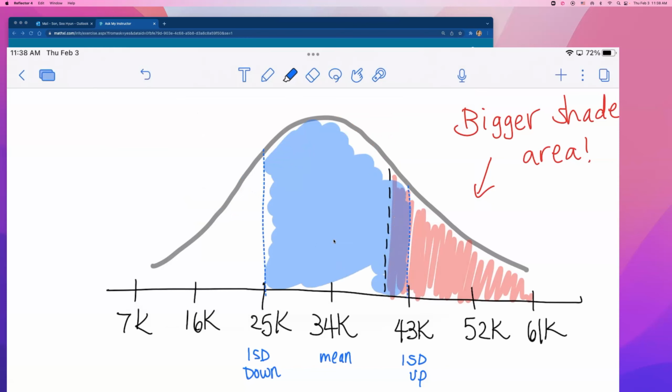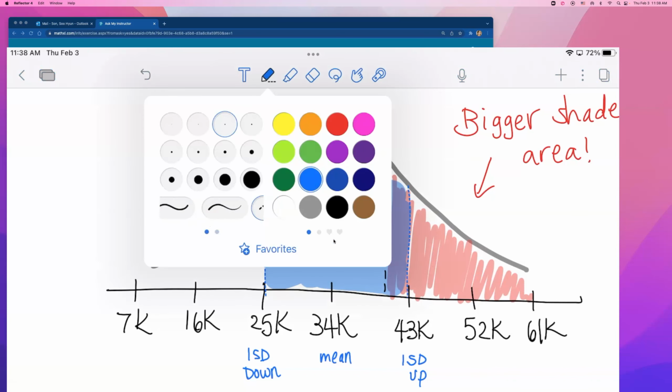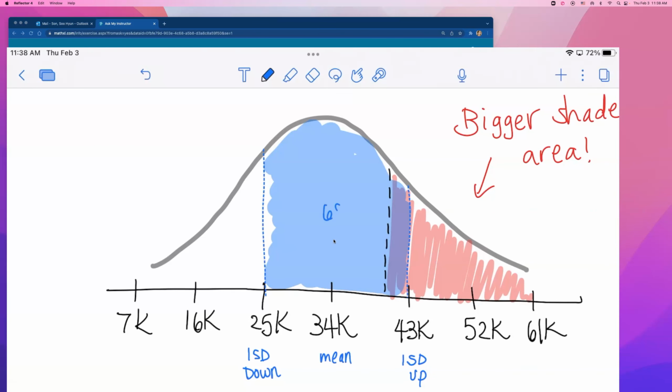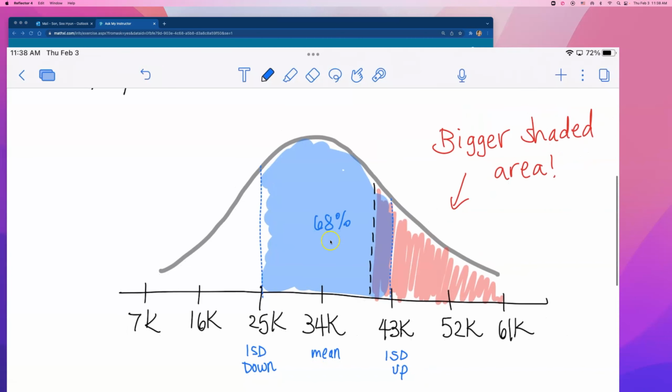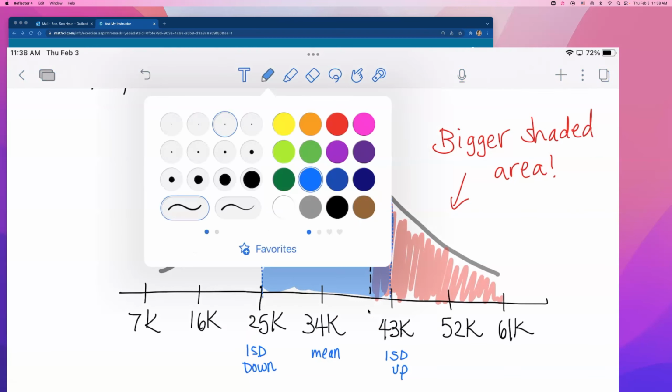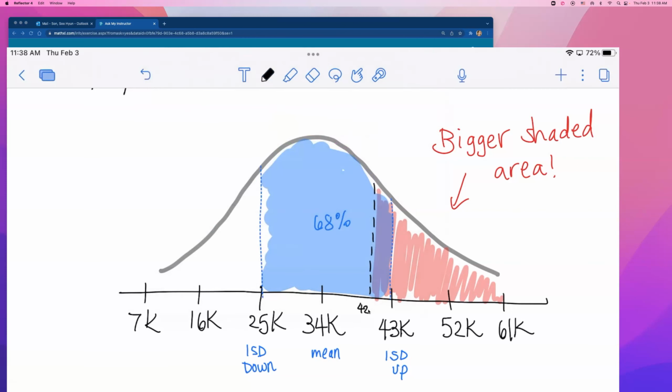You see the red and blue overlap this time? So about 68% of people working for this company will get a salary offer between $25,000 and $43,000. And $42,000 is definitely within that $43,000 point.